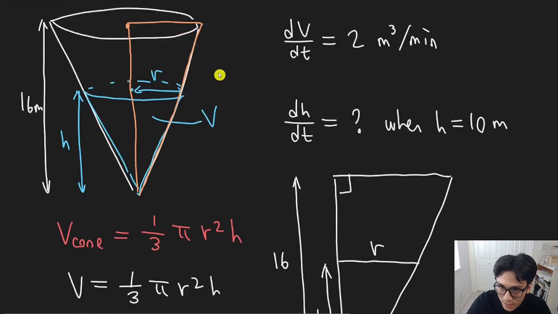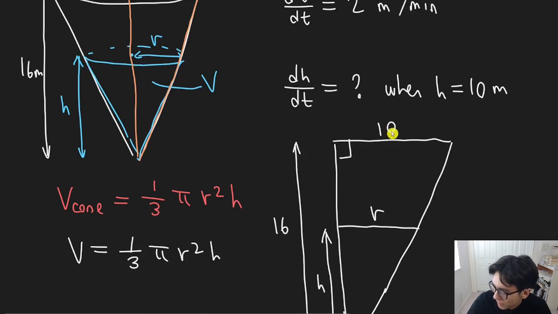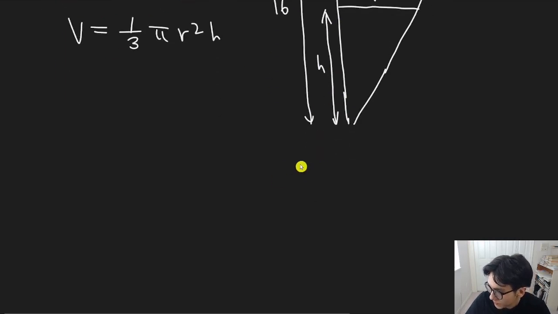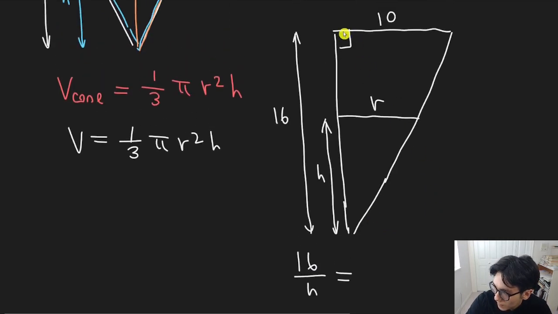So it's half of the diameter. That makes it 10. Okay. Now, what does similar triangles say? Well, it says that the ratio of corresponding sides are equal. So for example, this length on the big triangle divided by this length on the smaller triangle, so 16 divided by h, is going to be equal to the ratio of this on the big triangle to this on the small triangle, so 10 over r.